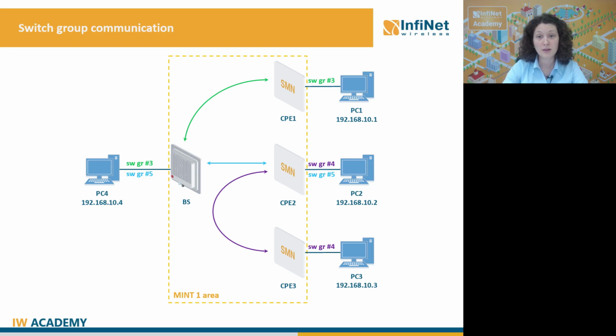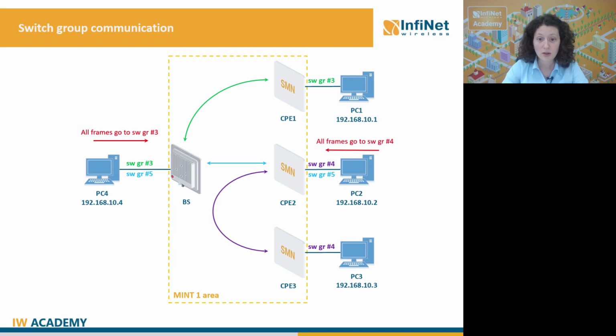Also, by default, there is no filtering criteria applied to newly created switch groups. Therefore, in our example, all the traffic coming from PC4 to the base station will be put into switch group 3 and switched through wireless. This happens because switch group 3 is the first one in the list, and it has no filtering rules added.